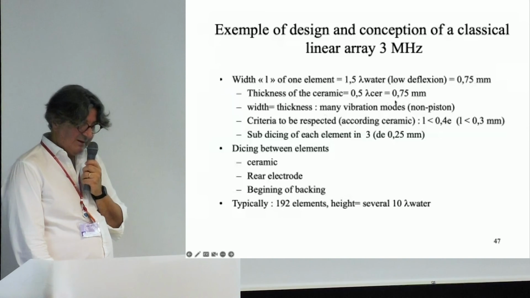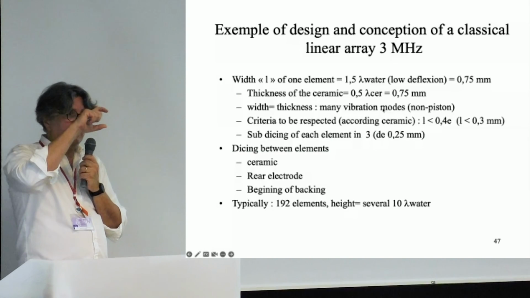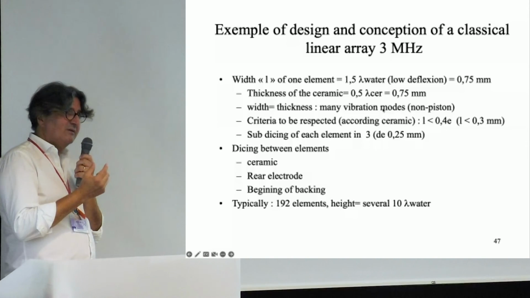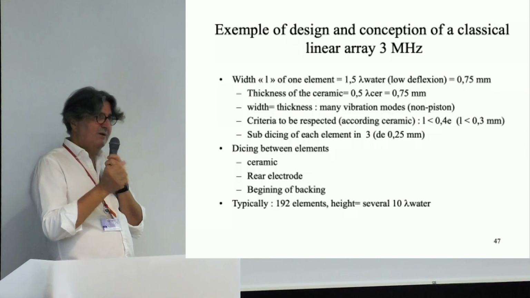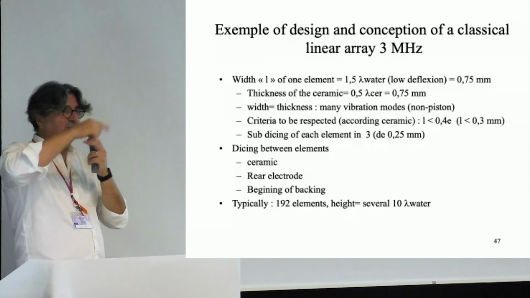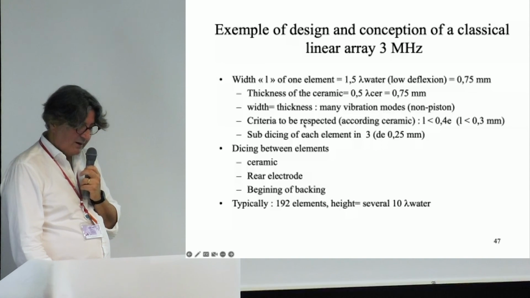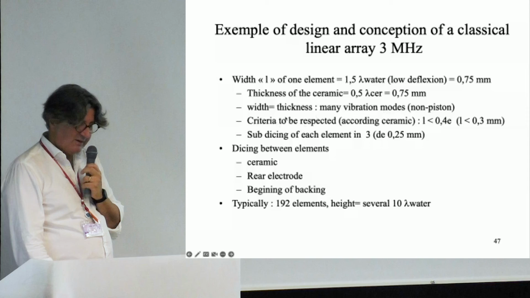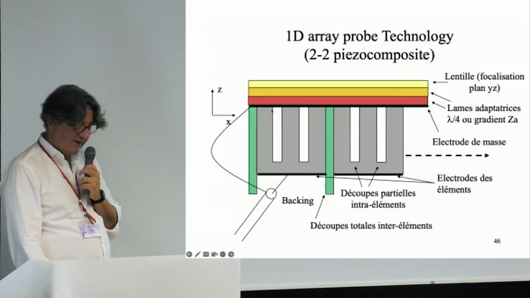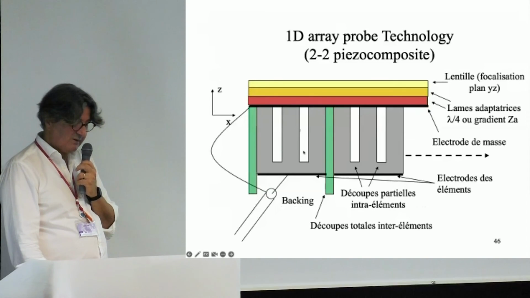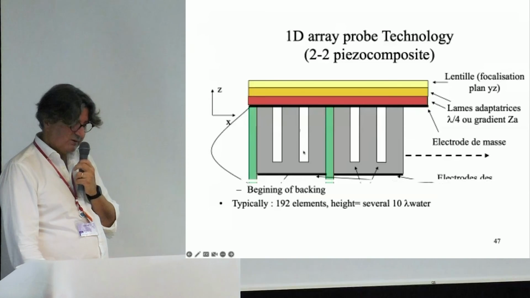So you can see that the width is equal to the thickness, and this is not a good thing because this will create multiple vibration modes in multiple directions. This is why we will cut the ceramic, and this is why we have this interspacing cut to avoid multiple vibrations.